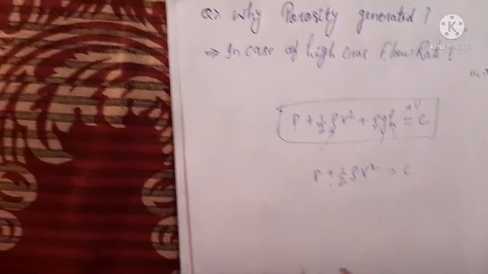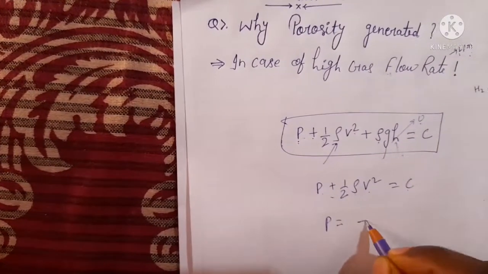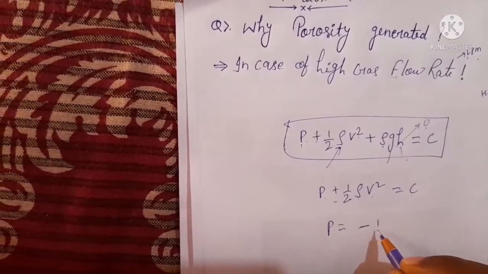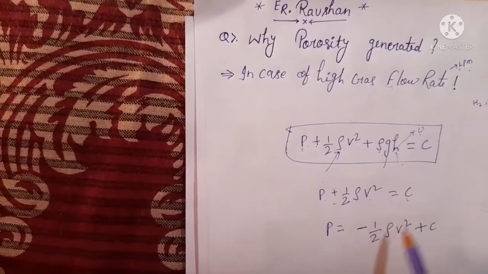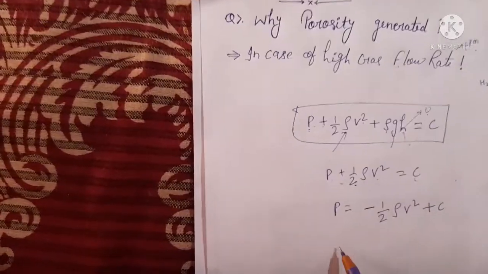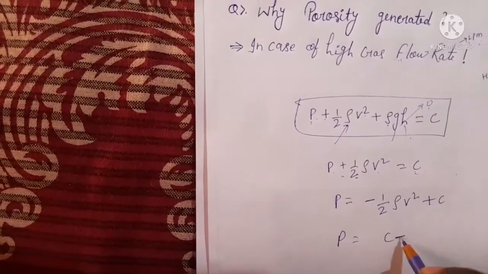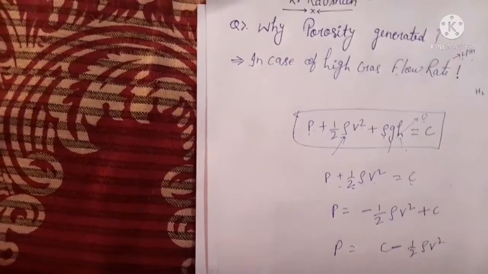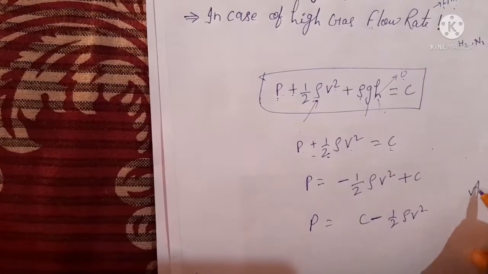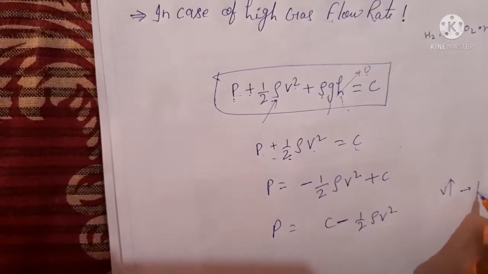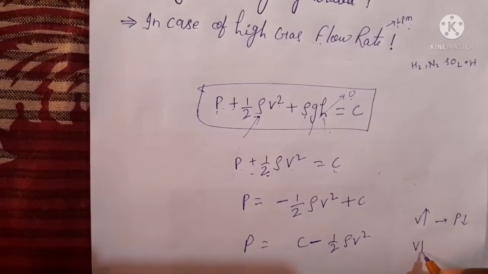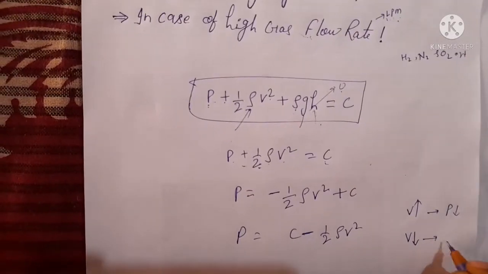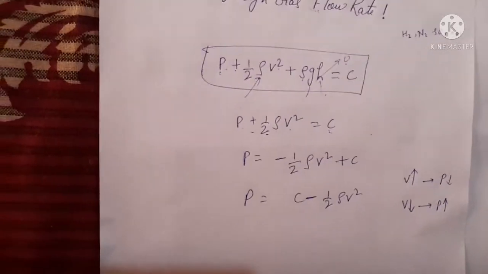So friends, after calculation you put here p equals c minus half rho v square. Friends, if we increase velocity, then pressure decreases. If we decrease velocity, then pressure increases.